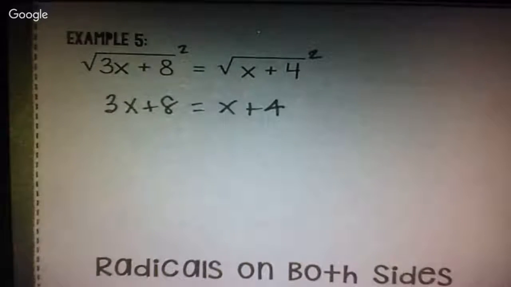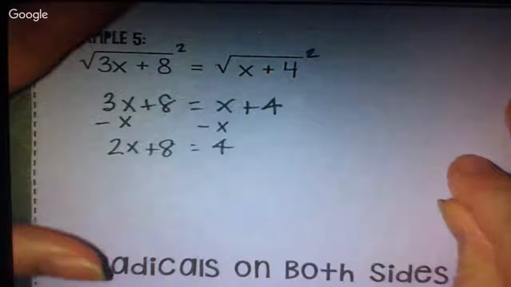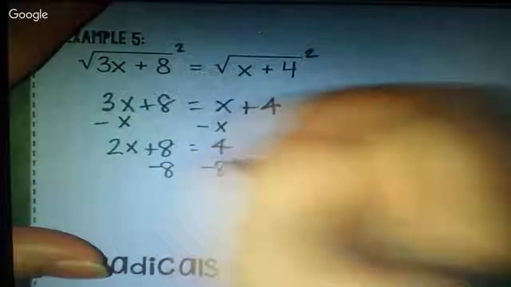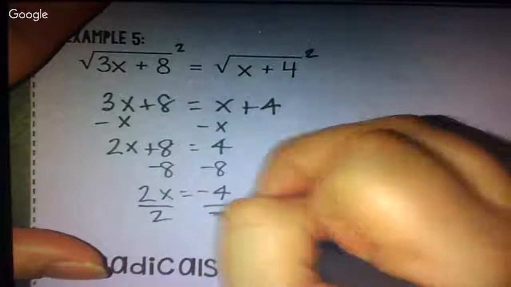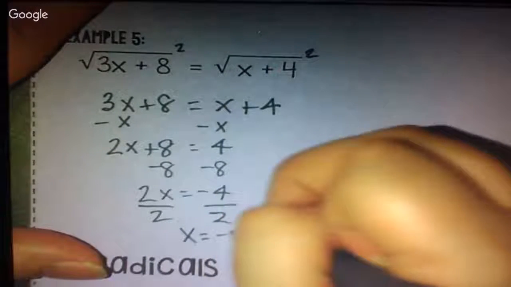So in order to do that, I need to subtract x. Good. So 2x plus 8 equals 4. Subtract 8 from both sides. 2x equals negative 4. And divide by 2. And x is negative 2.